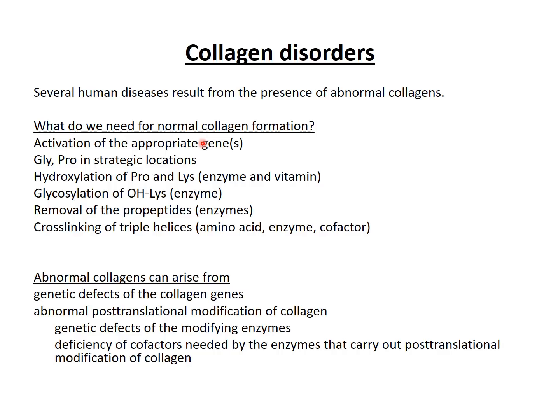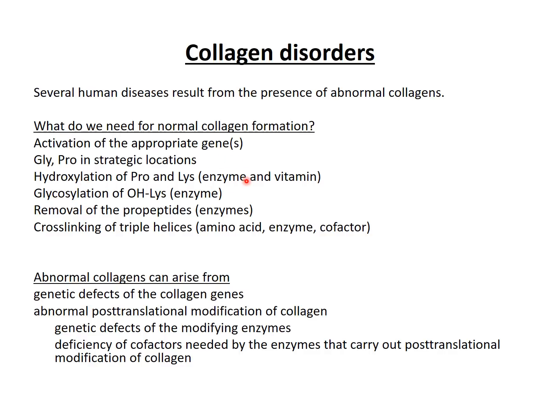Activation of the appropriate gene or genes if you need different alpha chains to build a triple helix. You need to have that gene dictating that glycines and prolines will be there in strategic locations. Also, hydroxylation, post-translational modification must happen.